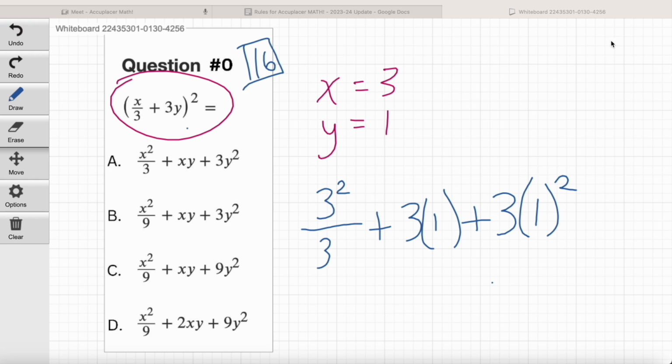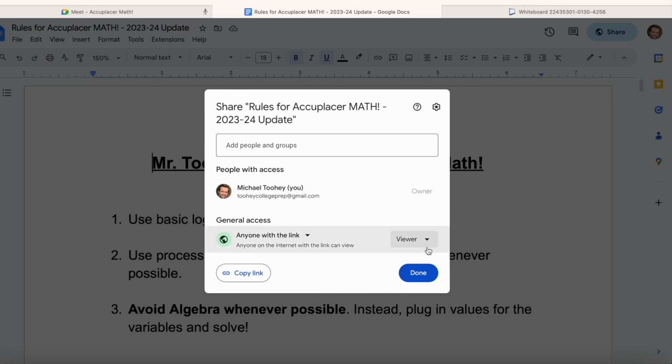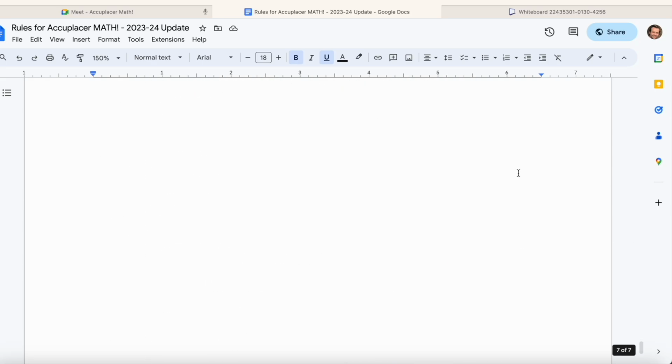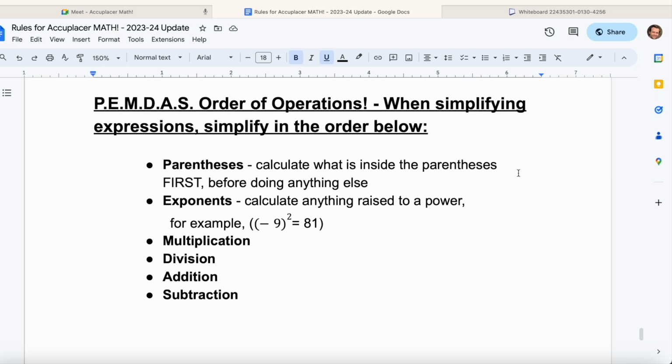Do you want to review PEMDAS real quick? Are you familiar with PEMDAS? Yes. So let's take a look at that real quick, how to approach that. It's on that rules document. So PEMDAS is parentheses, then exponents, then multiplication, then division, and lastly addition and subtraction.